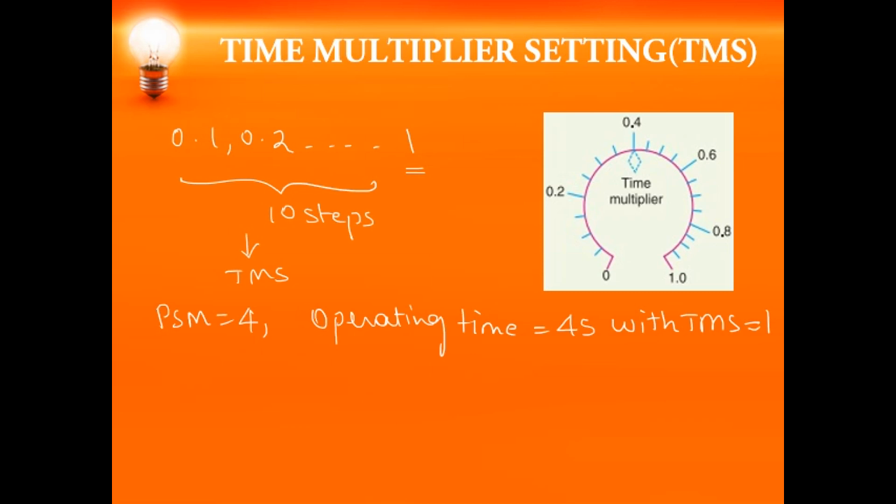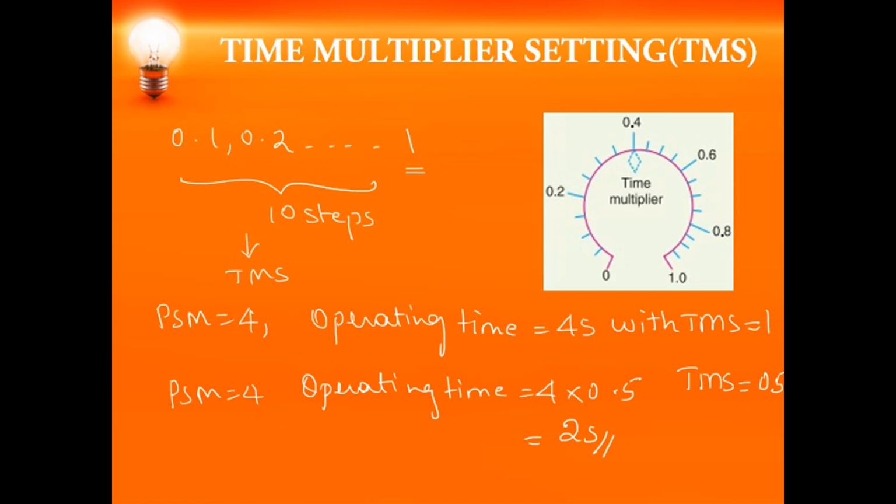Now for the same PSM, if our TMS is 0.5, then what will be the operating time? The operating time will be 4 into 0.5, which is equal to 2 seconds. So likewise, we can find the operating time given the TMS.